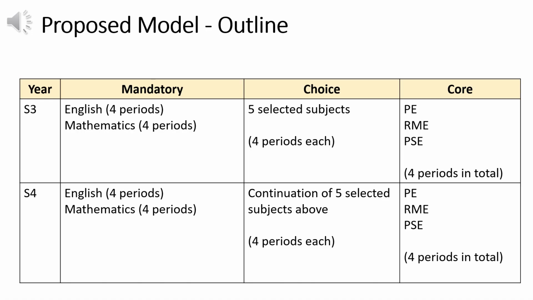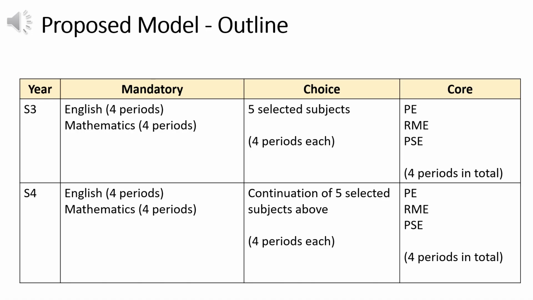This table highlights the proposed model. So in S3, English and Maths would be mandatory subjects, and young people would then select a further 5 subjects. So the main changes here are that modern languages is no longer a mandatory subject, and that means that the total number of subjects a young person would study in S3 would be 7 instead of 8.